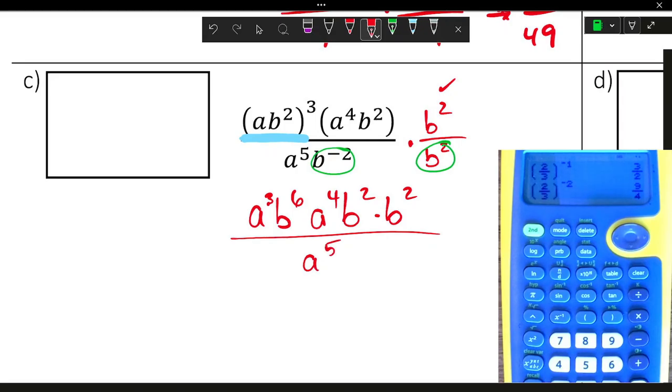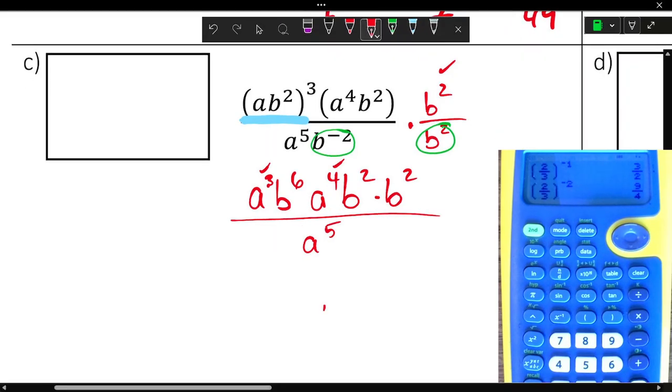Nice, right? Now let's bring some things together. In my numerator, I have 1, 2, 3, 4, 5, 6, 7 factors of a, so I'm going to write a to the 7th. I also have 6, 7, 8, 9, 10. I've got 10 factors of b. And then down here, I have a to the 5th power.